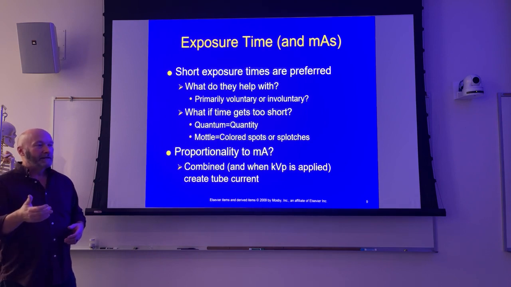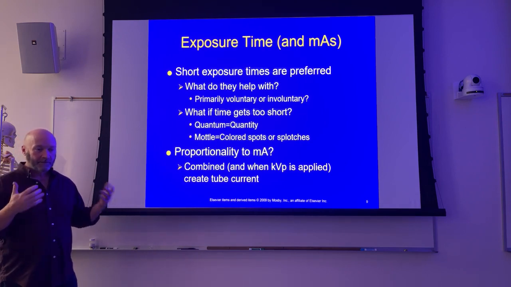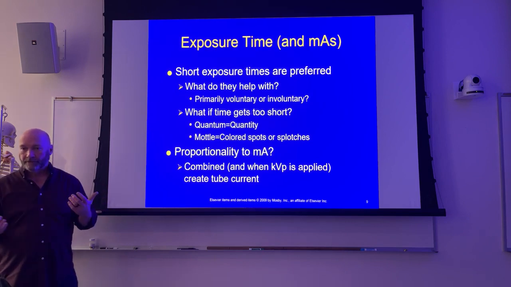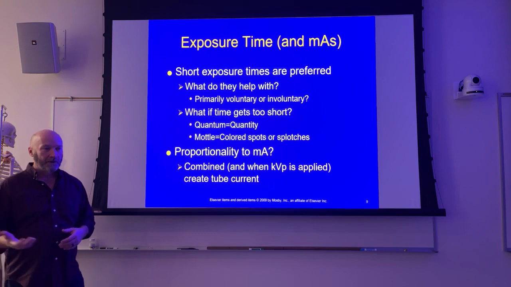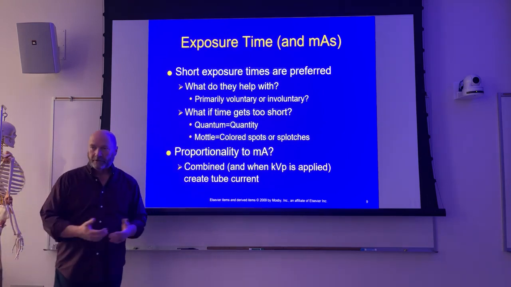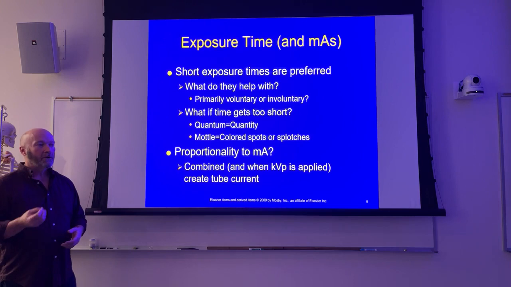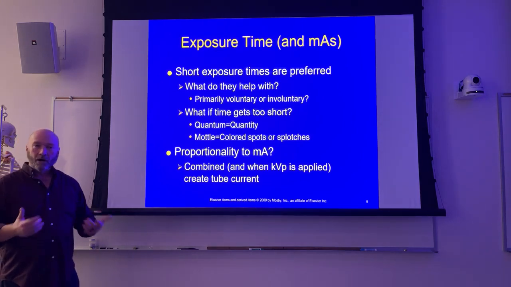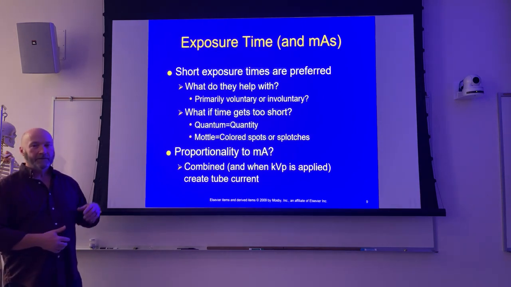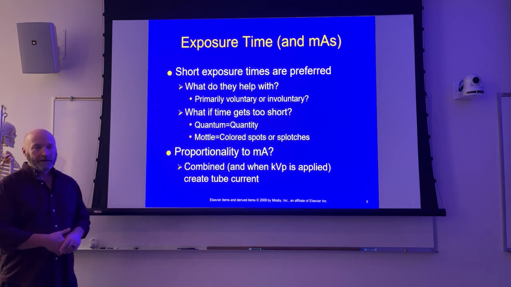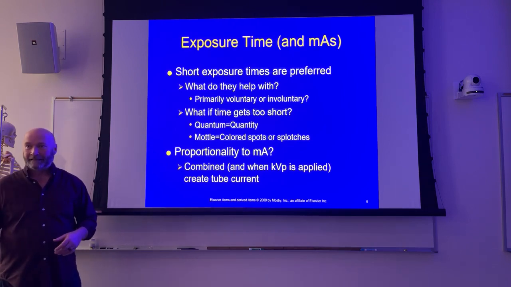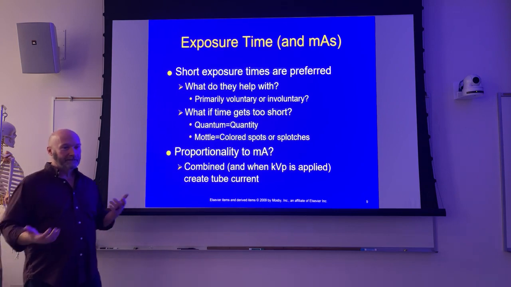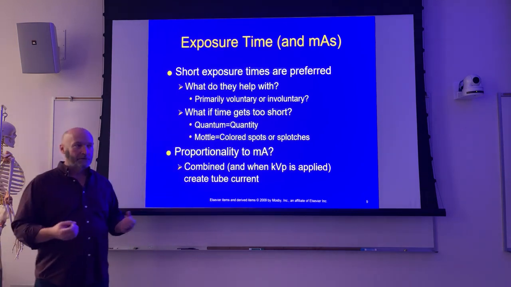What you're going to find is that quantum mottle is starting to be a little more theoretical than what we see in actuality. Our image receptors, especially in DR, digital image receptors, are so sensitive that it's hard to introduce quantum mottle. So all of the stuff that we're going to talk about, in theory, could introduce quantum mottle. If you go to clinicals and you play around with your X-ray tube and you try to introduce quantum mottle and you can't get it done, just understand that that's because our image receptors are so sensitive now.